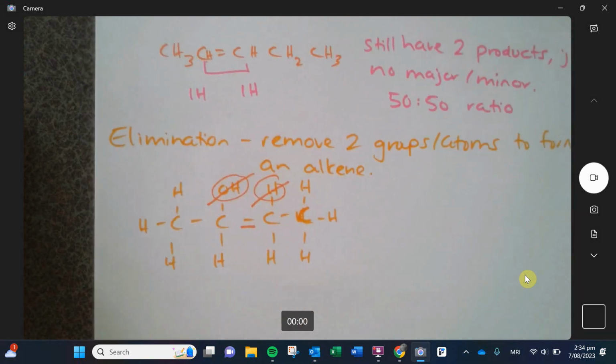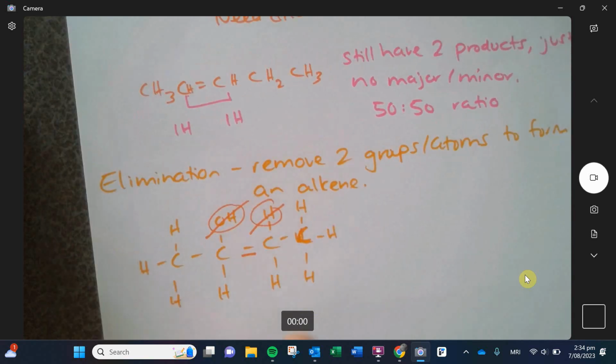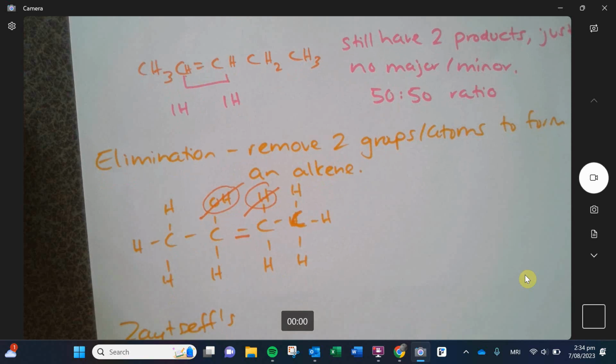So when we're looking at Zaytev's rule, what we're thinking about, and again, there's some SciPad pages if you need more time on it, is that the carbon with the least amount of hydrogen is more likely to lose the second hydrogen.